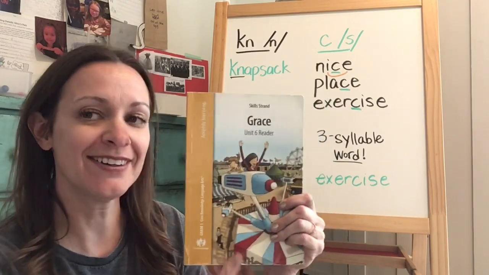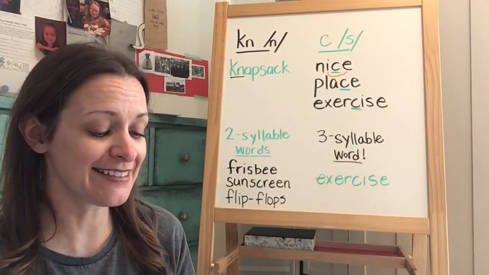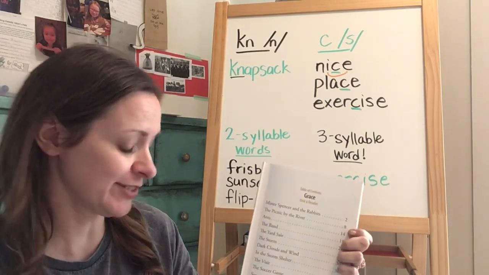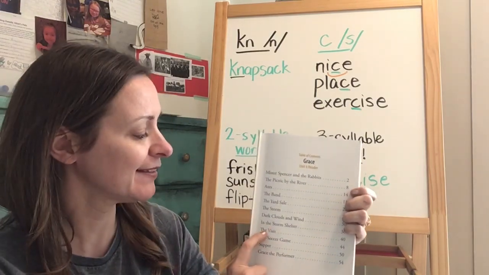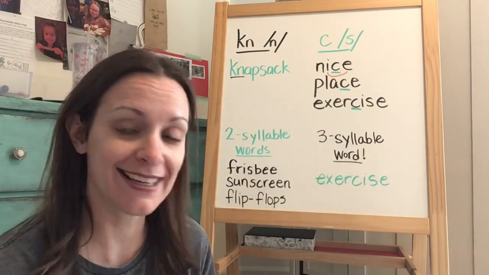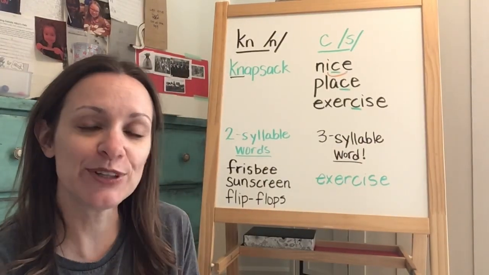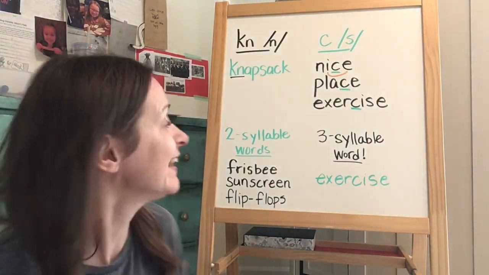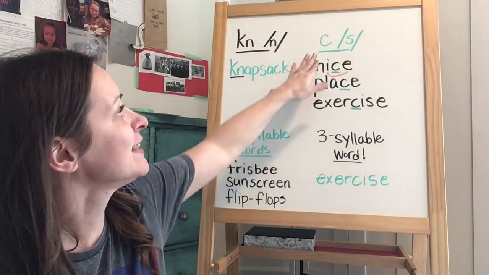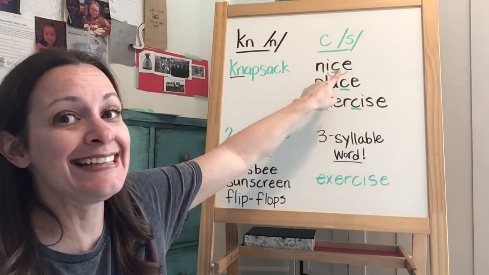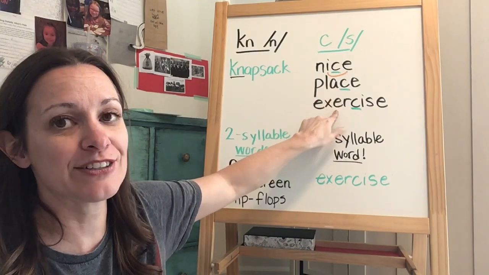Go ahead and get out your reader, turn to your table of contents, and find the next story after In the Storm Shelter. Looks like today we're reading The Visit. Go ahead and find what page that's on and turn there. You will find when you read the story that we'll see our N sound spelled with a K-N, like in knapsack. You'll see our S sound spelled with our C, like in nice, place, and exercise.